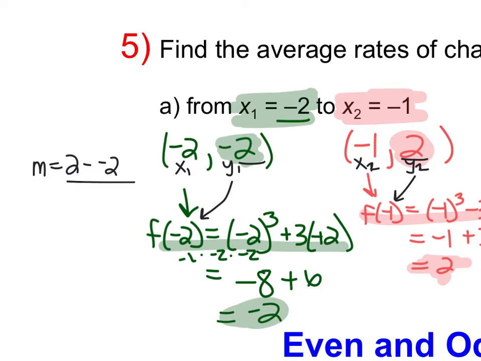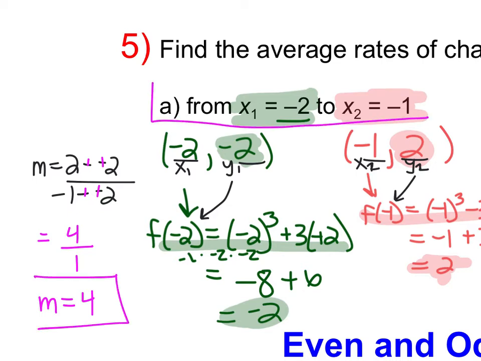So watch the minus a negative there, and then -1 minus -2. So both of those would turn into addition. And if we simplify, that would give us +4 in the numerator and then a +1 in the denominator. So the average rate of change between these 2 points is 4 for letter A.